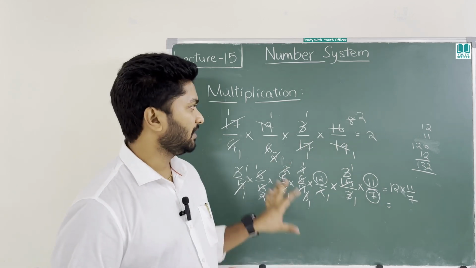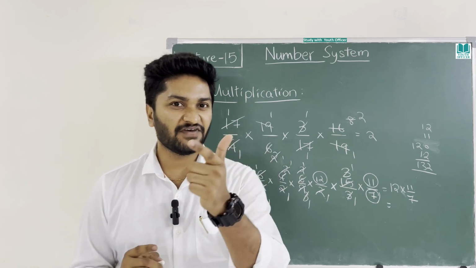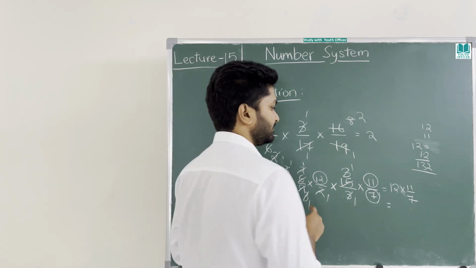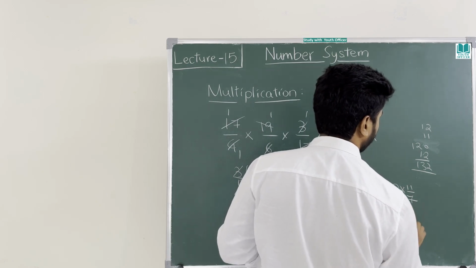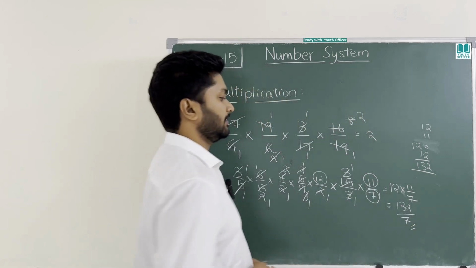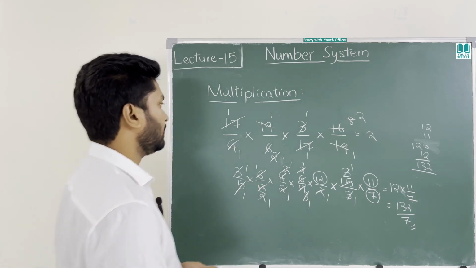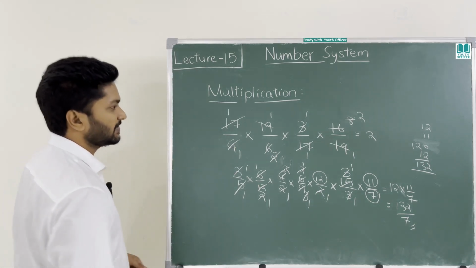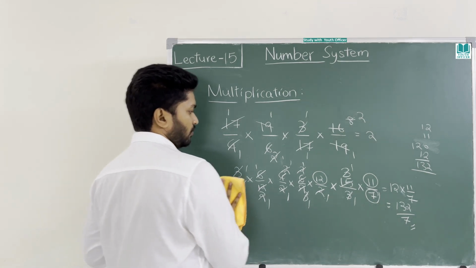Okay, I'm teaching in a different way. Become a different person, show some swag while you're doing mathematics. Chalo, 132 by 7, this will become your answer. Okay, so this is all about multiplication. I already told something in divisions as well. Okay, I hope you are comfortable now.